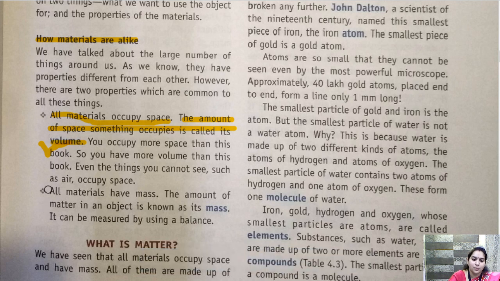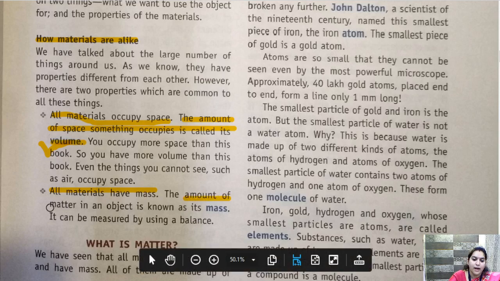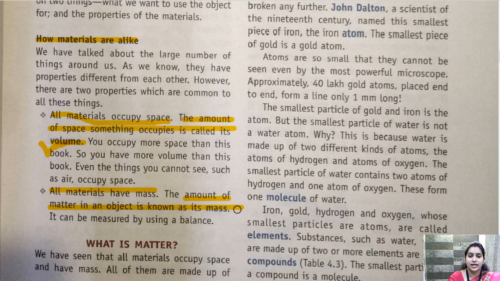Now the second property is that all materials have mass. The amount of matter in an object is known as its mass. हमारी बॉडी में मसल्स, स्किन, बोन, जो भी हम खा रहे हैं, उन सब की सारी चीजें consist of a mass.